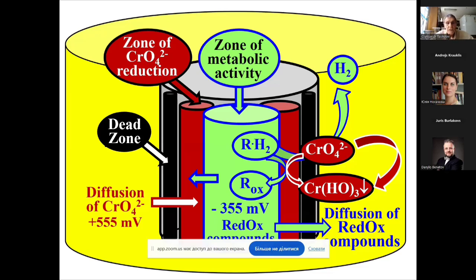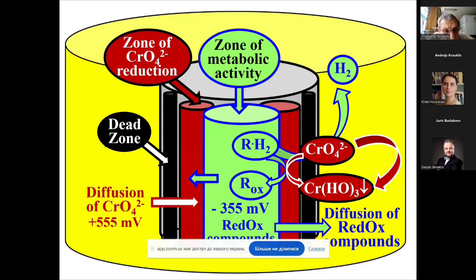Well, here you can see the summarized model that inside of the redox locality takes place the hydrogen fermentation and microorganisms are isolated from the dead zone that consists of toxic chromate, and the middle zone is marked by a brown color.